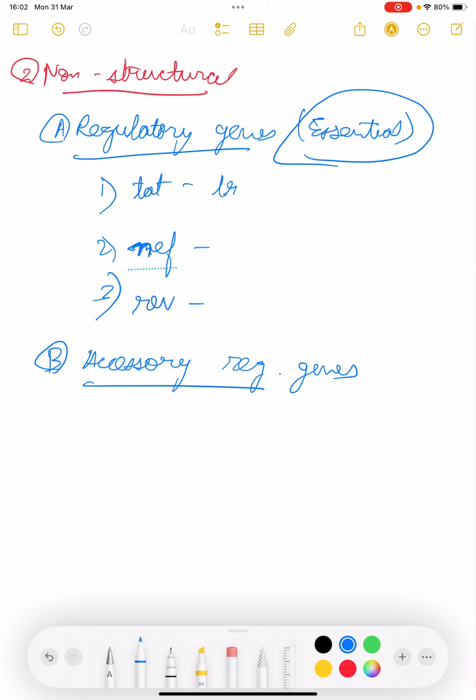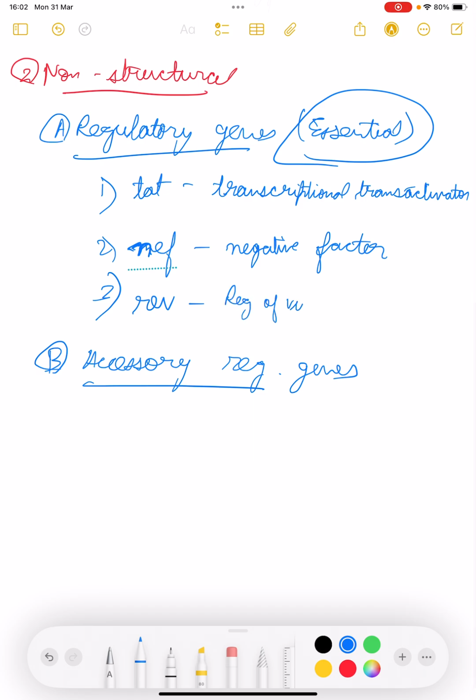TAT is transcriptional transactivator. NEF is negative factor. And REV is the regulator of virion expression.